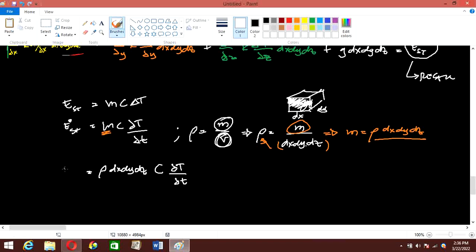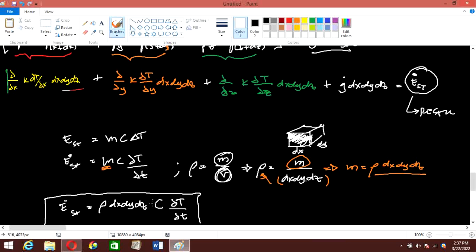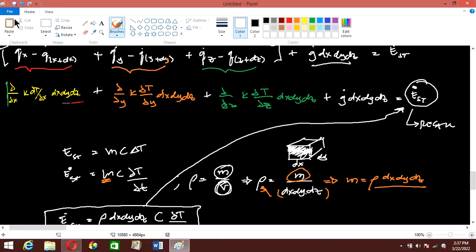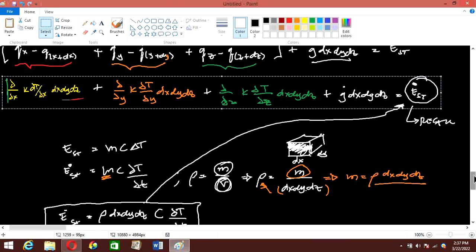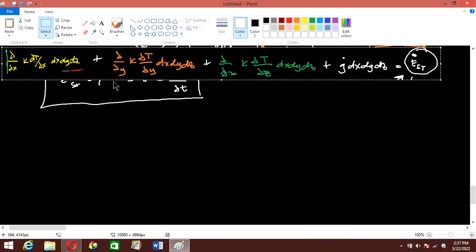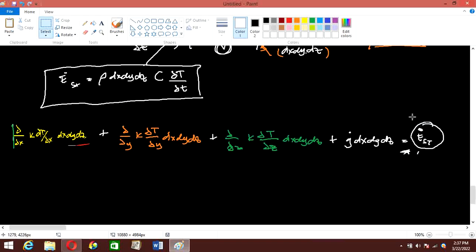Okay, so now this will complete our equation, and we will substitute this whole term in this part. Doing that, we now have, let me copy, we now have, let's delete this, then substitute this energy stored.